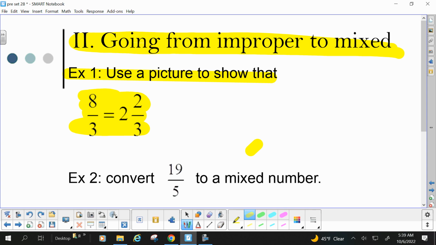All right. Now fractions involve parts. Parts of wholes. Now what that whole looks like, it could be a lot of things. It could be circles, rectangles, it could be anything. I'll use rectangles, okay? Now, this tells me here that I will be talking about 2 wholes and a little more.